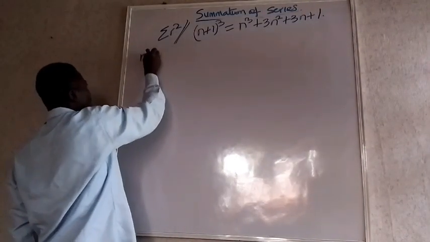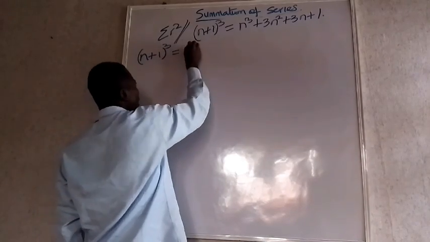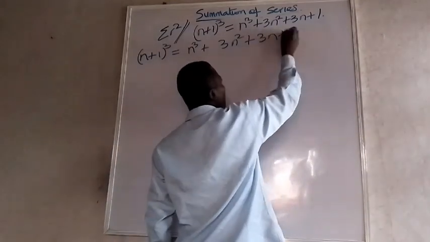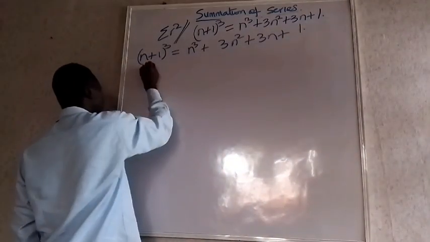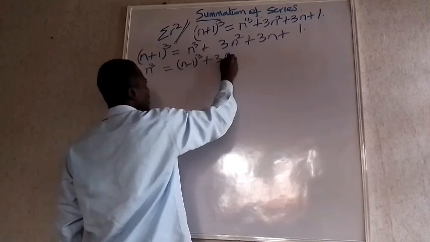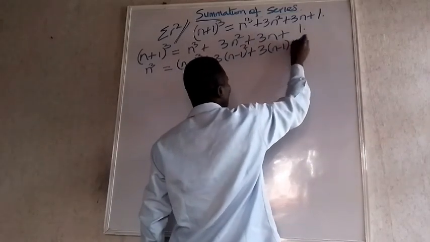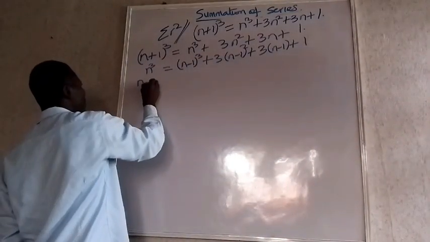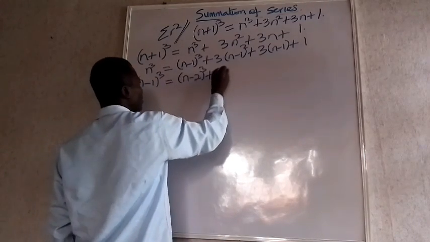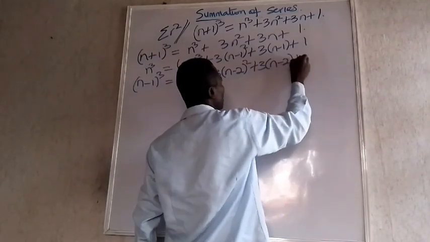We have n plus 1 cubed equal to n cubed plus 3n squared plus 3n plus 1. n cubed will be equal to n minus 1 cubed plus 3 into n minus 1 squared plus 3 into n minus 1 plus 1. n minus 1 cubed is n minus 2 cubed plus 3 into n minus 2 squared plus 3 into n minus 2 plus 1.